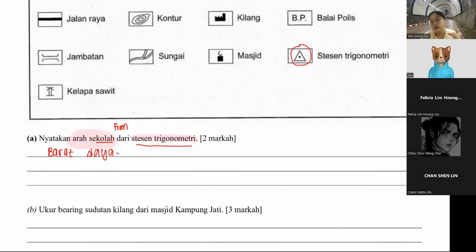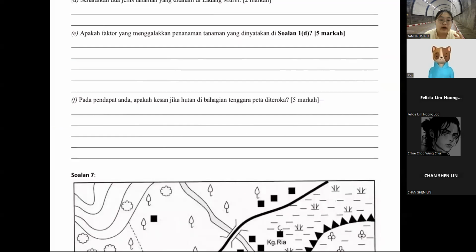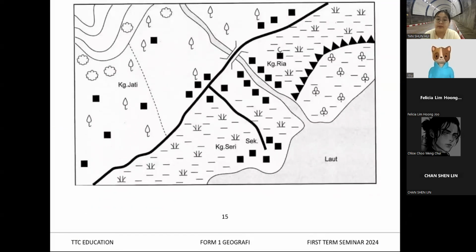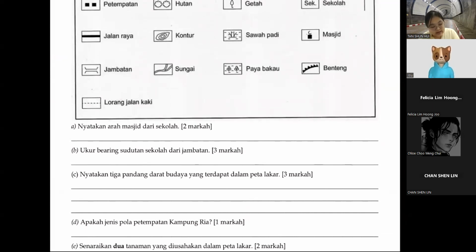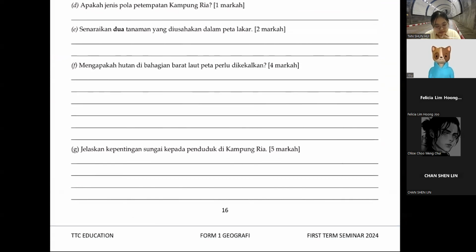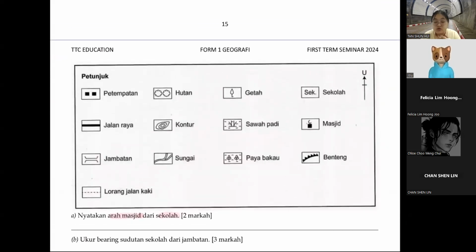All right. Now, let me just try one more, yeah? Other than that, you see, they will give you a peta, they will give you petunjuk, and they ask you, nyatakan arah masjid dari sekolah. So, this is page 16, yeah? Now, can you try for me? They want what? Arah masjid dari sekolah. Masjid from sekolah.